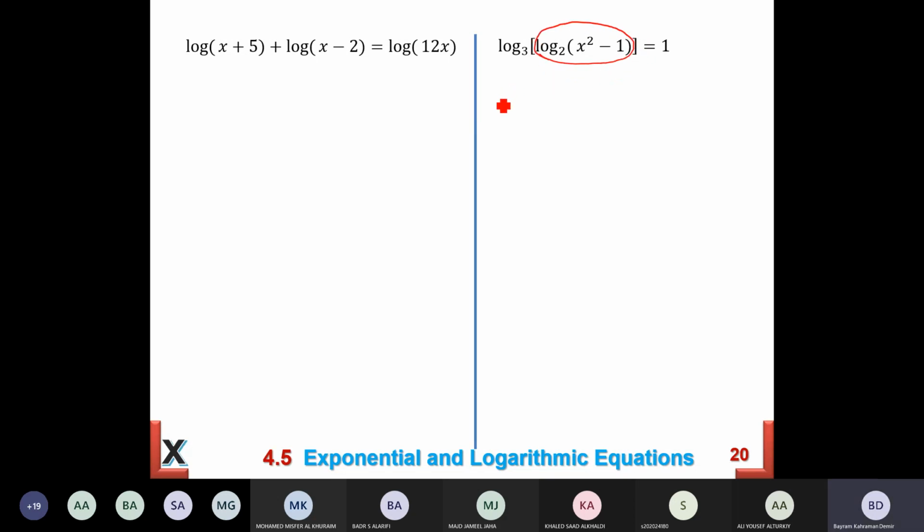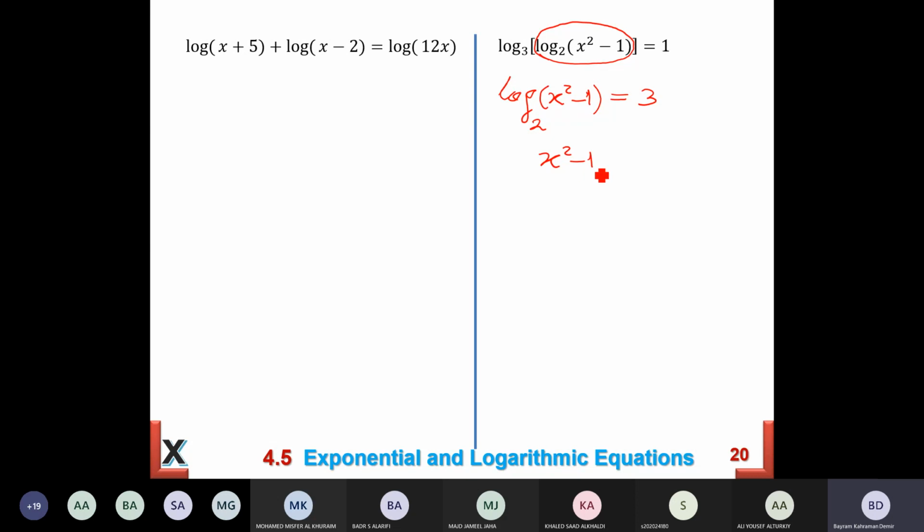Now, this part, logarithm base 2 of x squared minus 1 is equal to 3 to the power 1, which is 3, right, Shabab? Right? After that, another basic logarithm property we need to use.